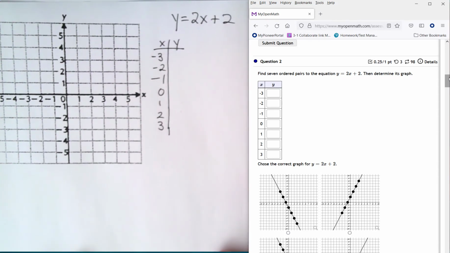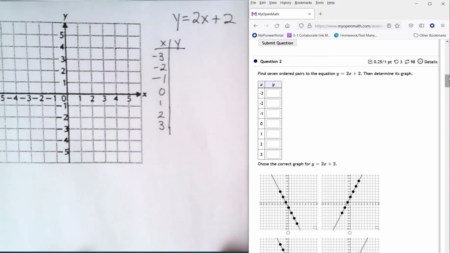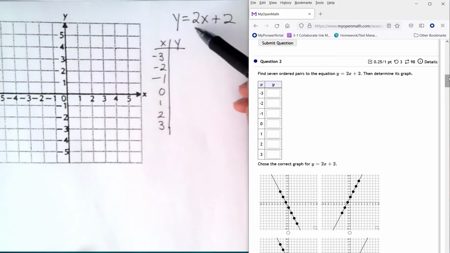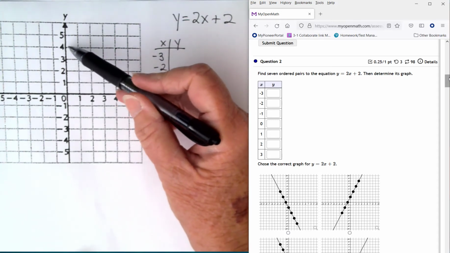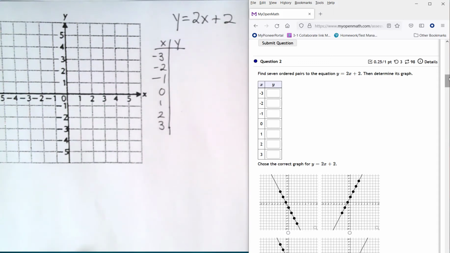So this is actually slope-intercept form. You could graph it easily by hand. Here's your y-intercept. You would plot that, which would be 2. You would count with your slope, which is your coefficient of the x, up 2 over 1. And it's going to be a line. But we will use the calculator because that's our new thing that we're practicing.